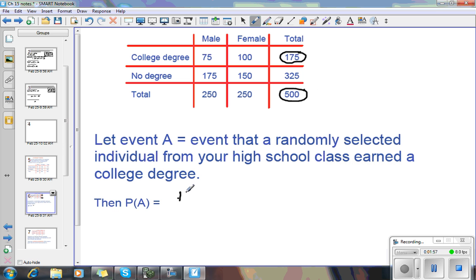So we would take 175 out of 500, and we could reduce it or usually get a decimal value, and this works out to 0.35. So 0.35 would be the probability that if you selected someone at random out of the 500, that person would be going on to earn a college degree.